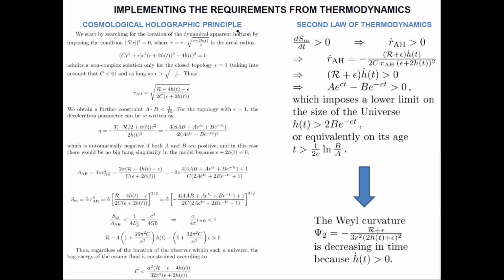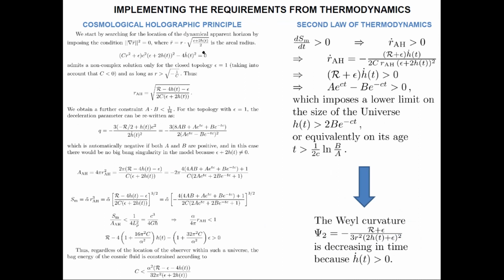So for studying the cosmological holographic principle, I go back to the metric and I find the RL radius. Then I search for the location of the dynamical apparent horizon, and I impose that the gradient of the RL radius, the norm of this gradient, should vanish.